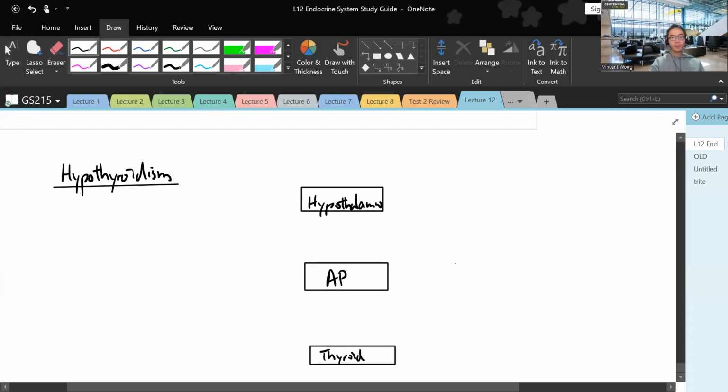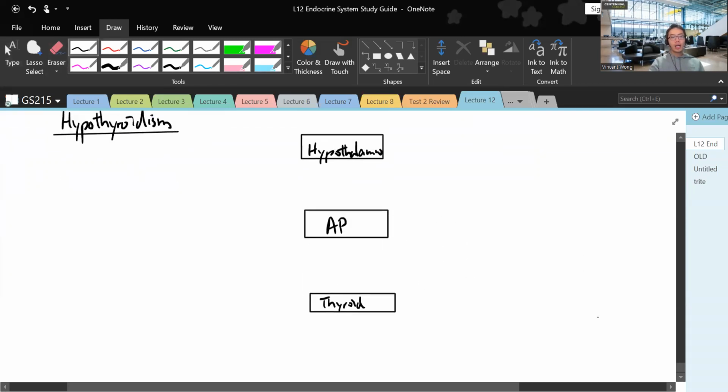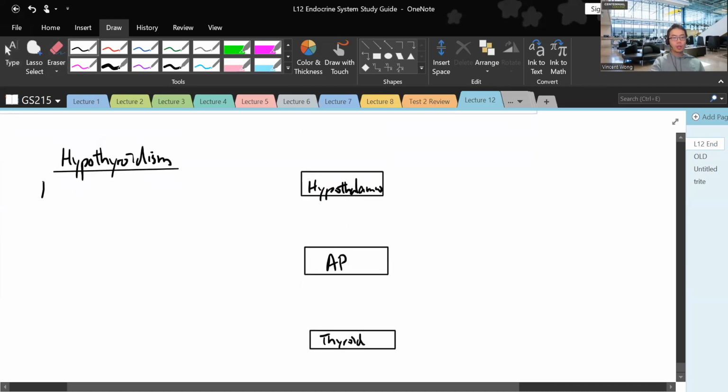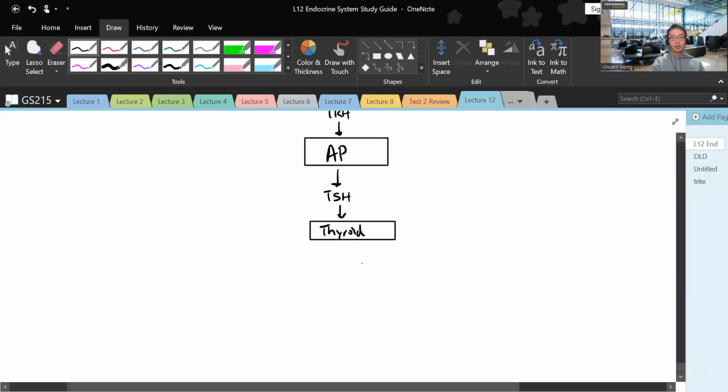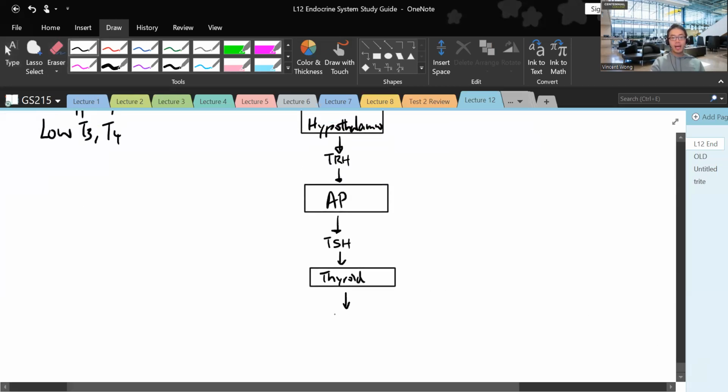So hypothyroidism means low T3 and T4, right? Just to reiterate, normally the hypothalamus would secrete TRH, which then causes the AP to secrete TSH, which would then cause the thyroid gland to secrete T3 and T4.